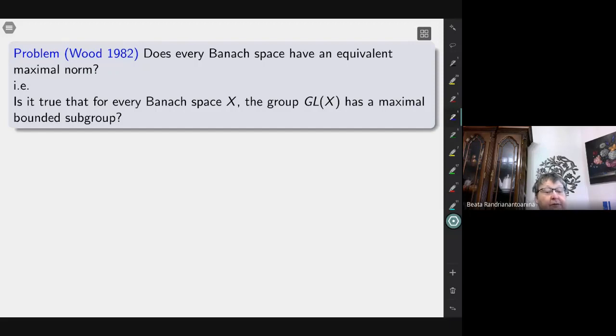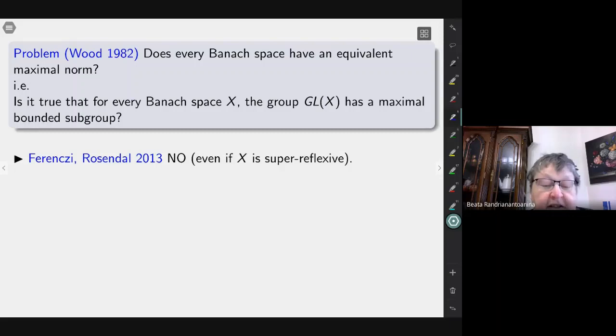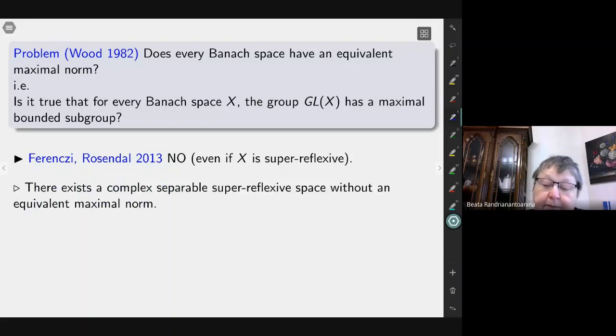Over there we know the answer is no, but here, does it have a maximal norm? This question was answered by Ferenczi and Rosendahl in 2013. The answer is no. In fact, that's how they showed it cannot have an almost transitive renorming, because an almost transitive renorming would be maximal.